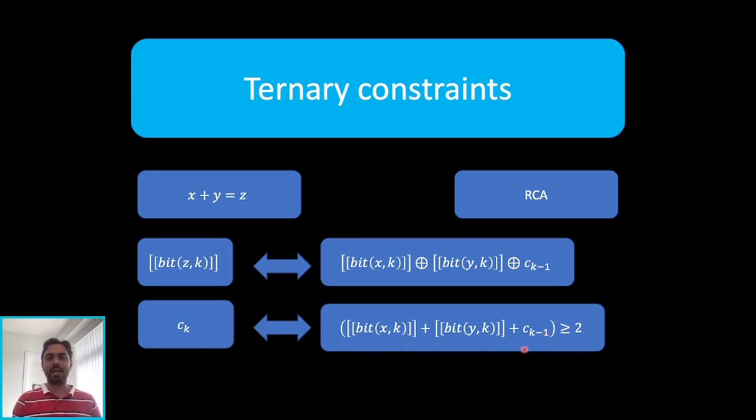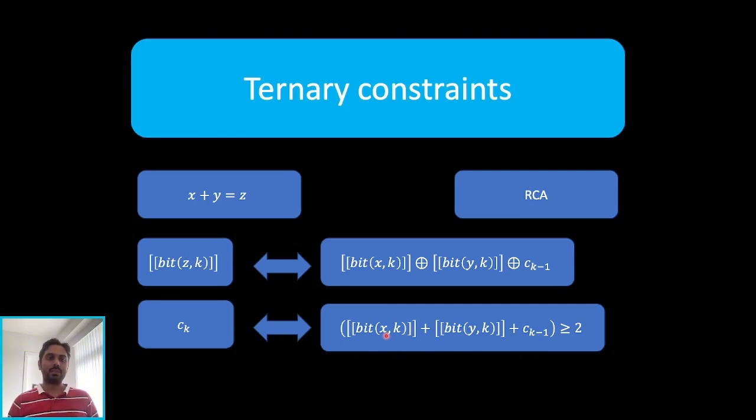It looks like a pseudo-Boolean constraint, but it is a simpler case of one because all the coefficients are 1. So the corresponding clauses are very easy. We just need 4 clauses and we can represent this very easily. This is how we can represent this kind of constraint whenever we want to write x plus y is equal to z. We do this for all the bits for z and all the carry bits like this.